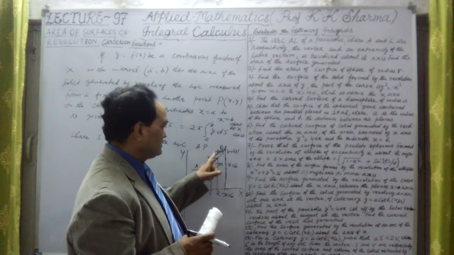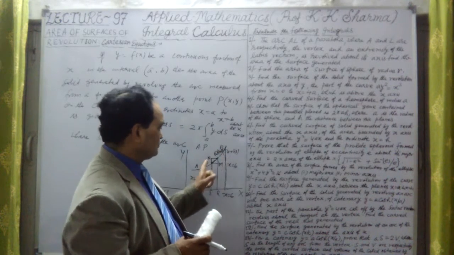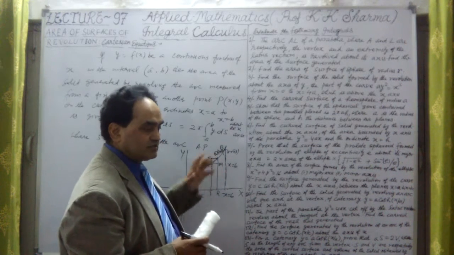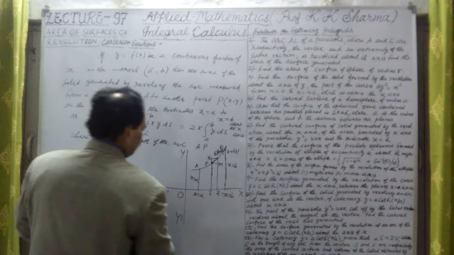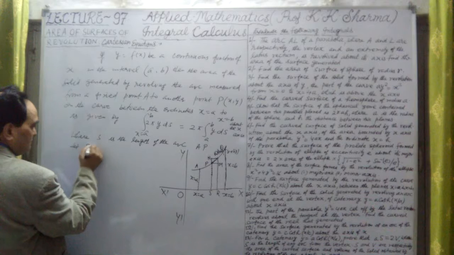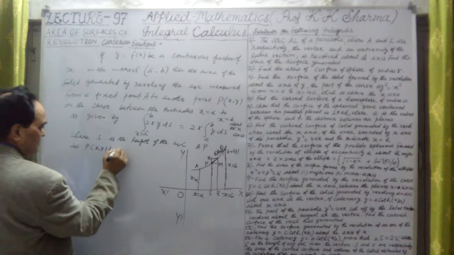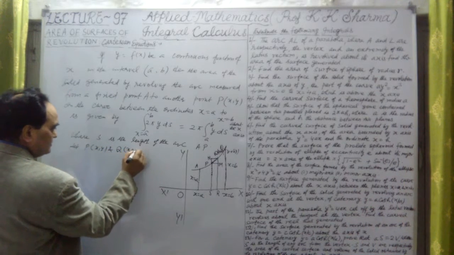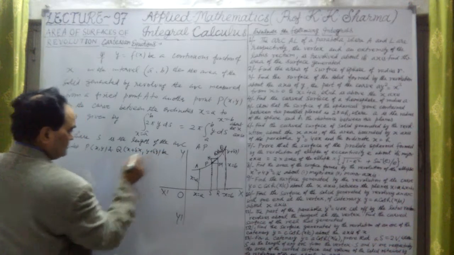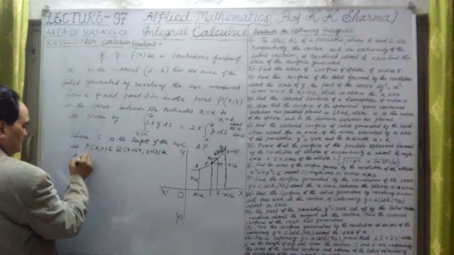AP is s and AQ is s plus delta s. Let me write that P is (x, y) and Q is (x plus delta x, y plus delta y).